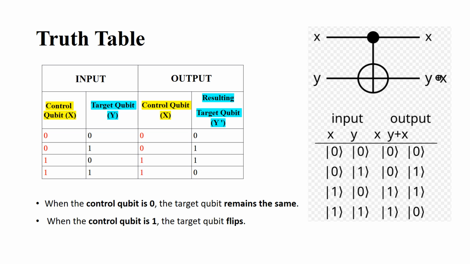So when the control qubit is 0, the target qubit remains the same. When the control qubit is 1, the target qubit flips from 0 to 1 or 1 to 0.